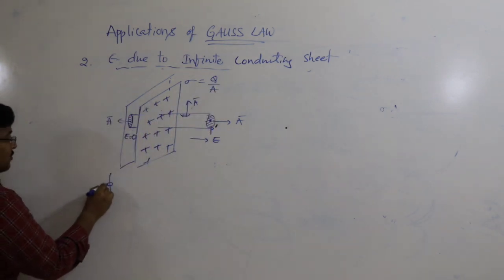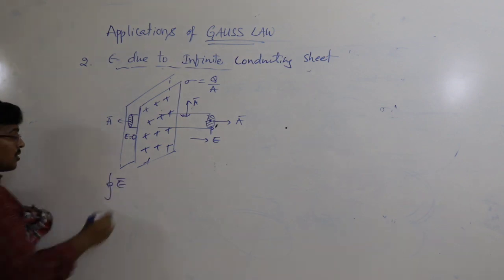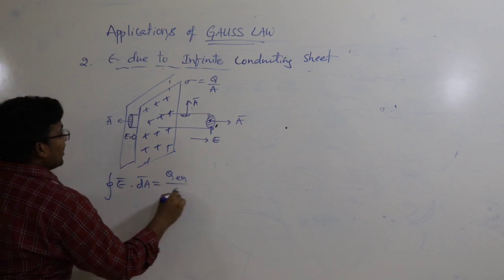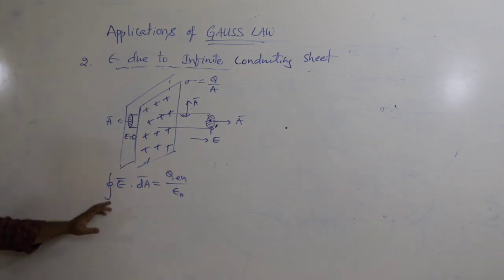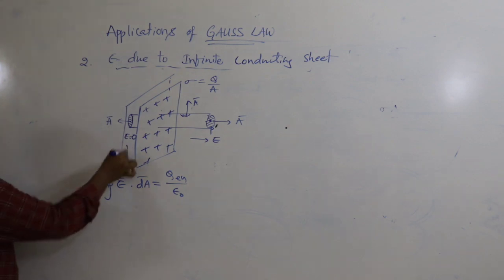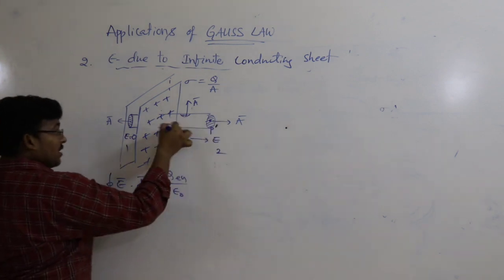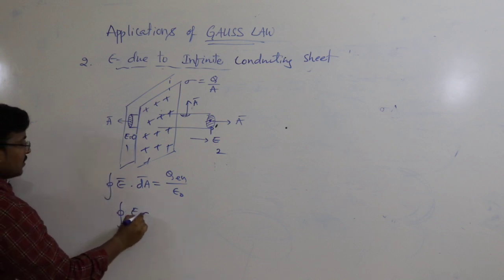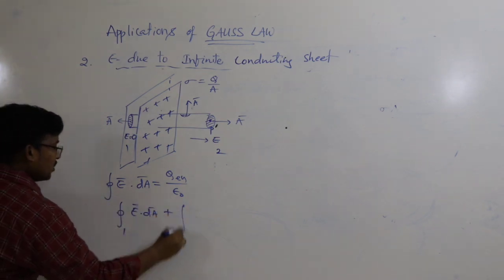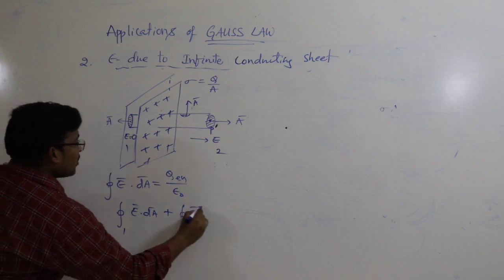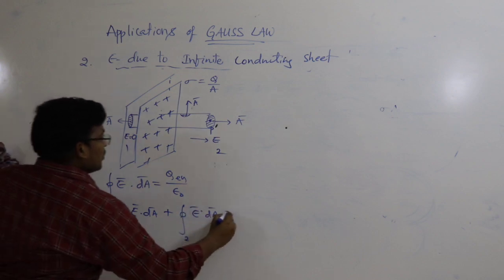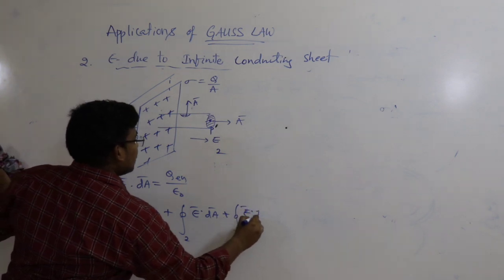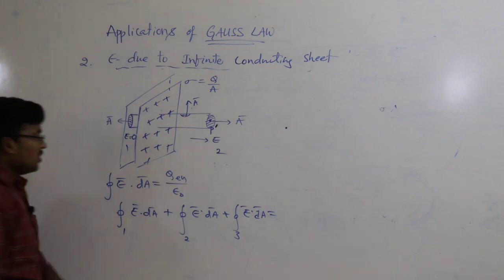According to Gauss law, integration of E bar dot dA bar is equal to charge enclosed by epsilon naught. You know that this is called the first surface, this is the second, and the curved one is the third. Now due to the first surface E dA, plus due to the second surface E bar dot dA, plus due to the third surface flux E dot dA, is equal to charge enclosed.